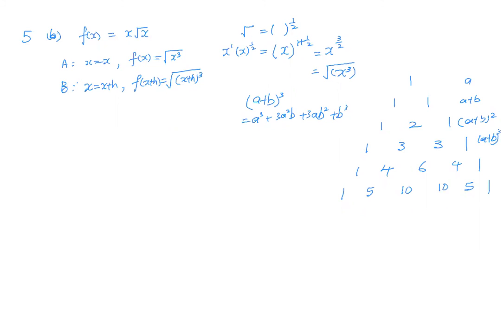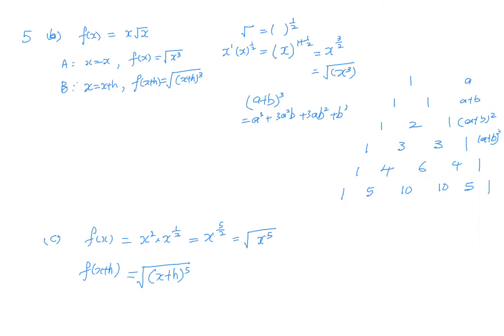So that's why for part C, you have f(x) equal to x squared times x to the power half. So this is x to the power of 5/2, which is square root of x to the power of 5. So when you have your f(x plus h), it will be the square root of (x plus h) to the power of 5.